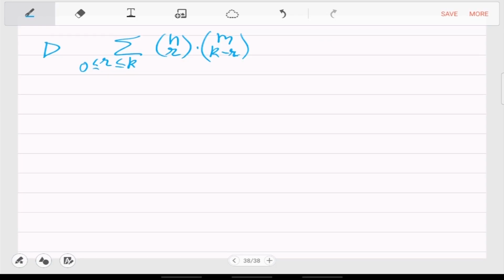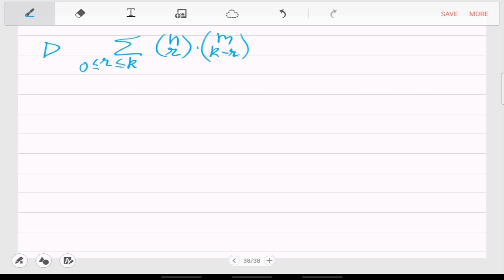N choose r times m choose k minus r, where r goes from 0 to k.